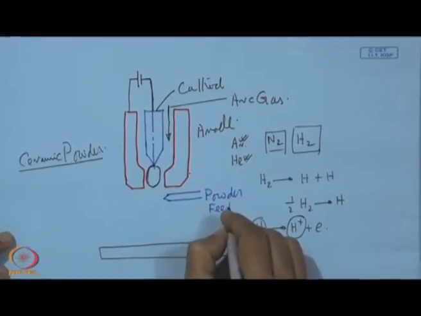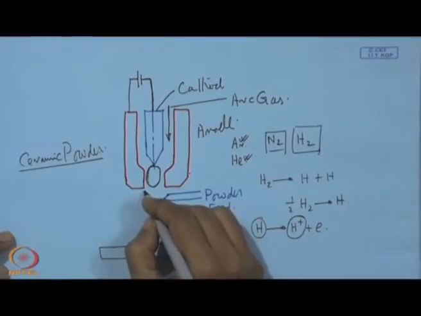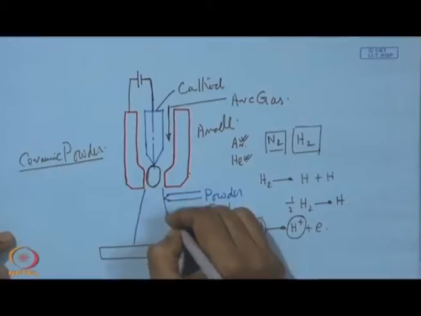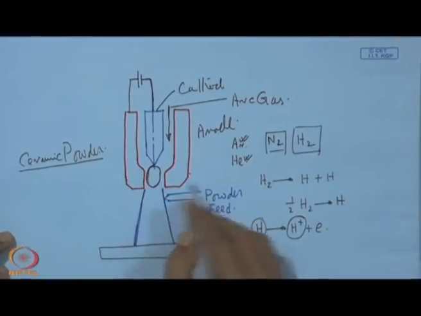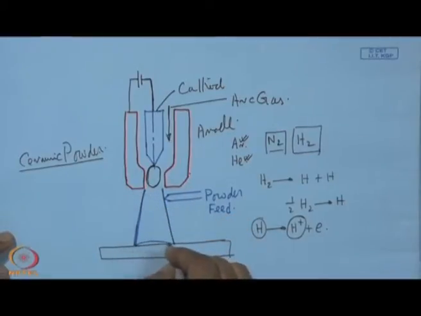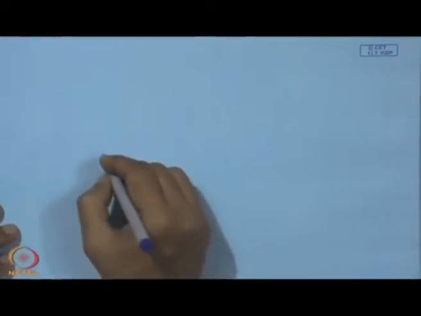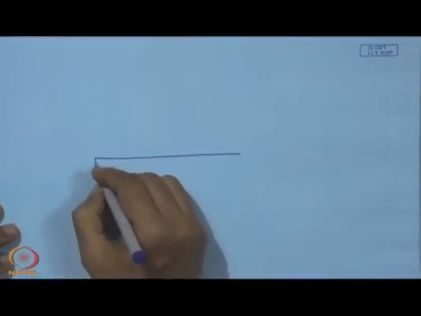It will be just outside this, and from here we have the spraying of this powder, and that is going to impinge on this surface, and in this process what happens exactly? The liquid will form.